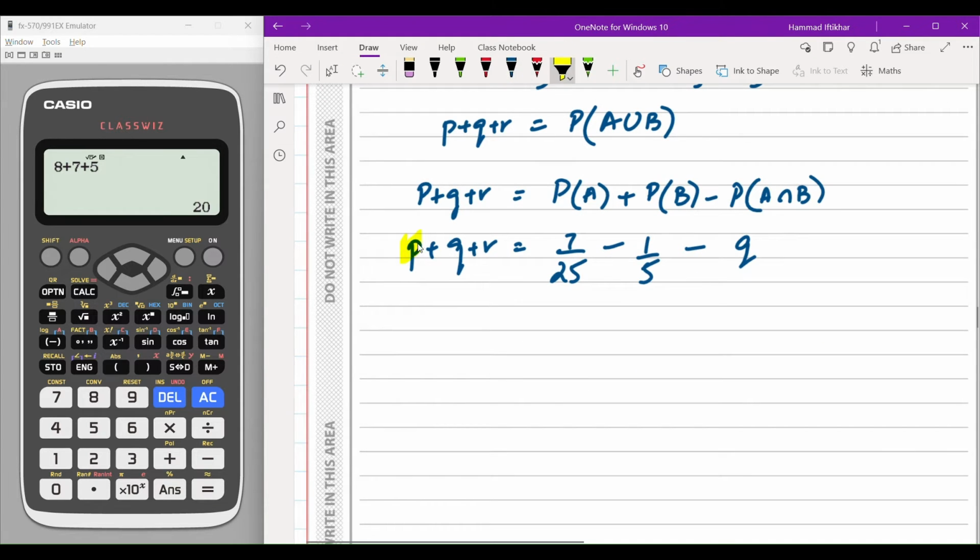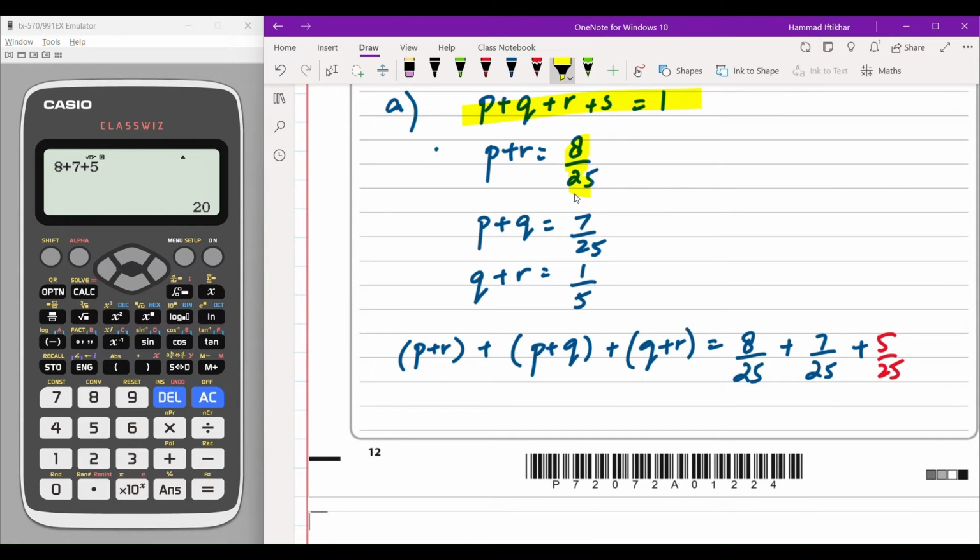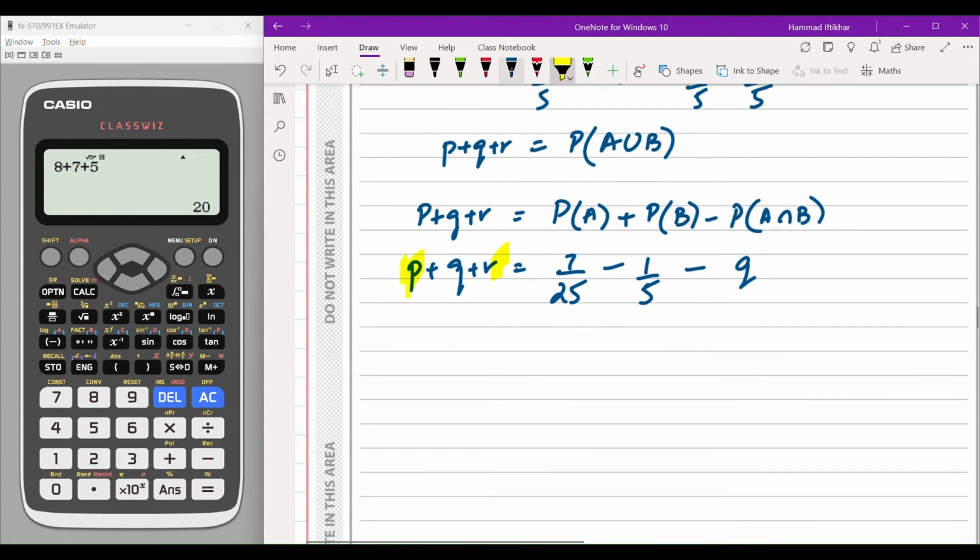Okay, so we have the value of P and R that we calculated, 8 over 25. So we will swap it out over here. And then Q will be taken on the other side also. So 2Q. 7. So this fraction, when we convert this into common denominator term over here, that would be 5/25. So 5/25.